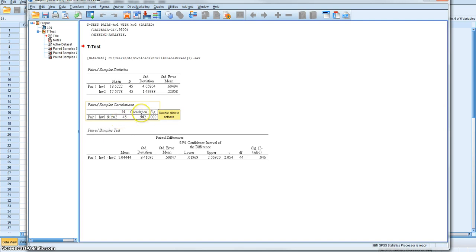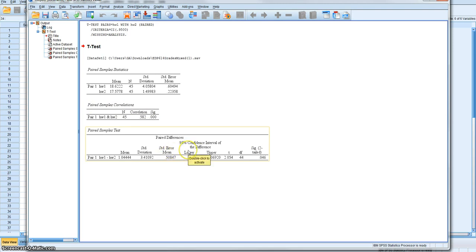And actually we would expect that to be relatively high and significant, since we're measuring the same participants and we're measuring the same characteristics. It makes sense that this would be highly correlated. So we're not going to really report on anything from table 2, but it's just so that we know what it means, that correlation that SPSS gives us.